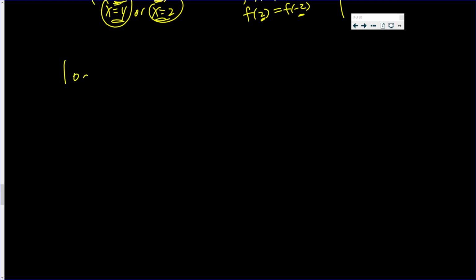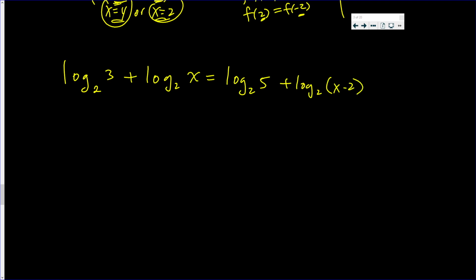Suppose you come to learn that log base 2 of 3 plus log base 2 of x is equal to log base 2 of 5 plus log base 2 of x minus 2. Well, the left side is log base 2 of 3x, because log a plus log b is log ab, same base. Same argument on the right side.